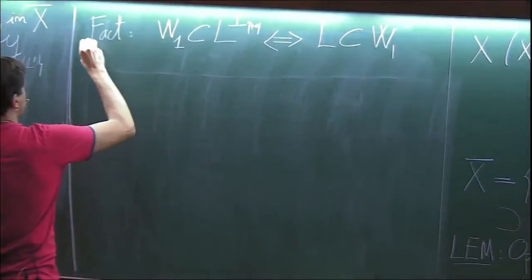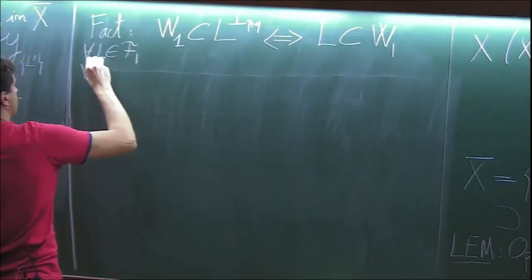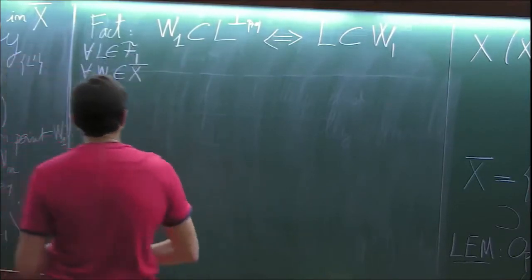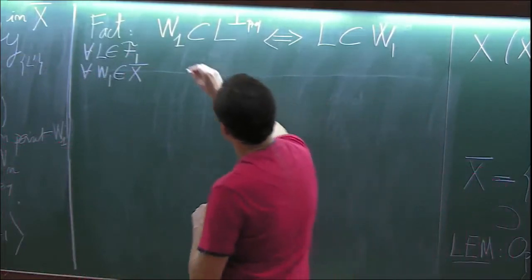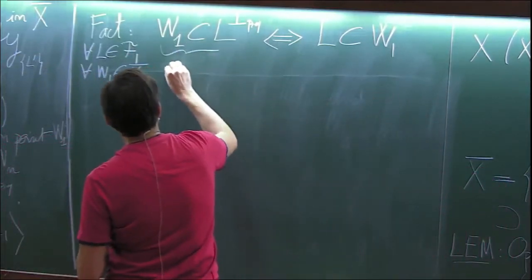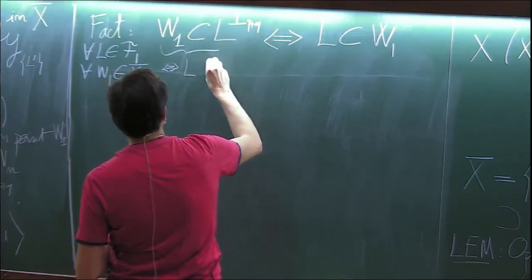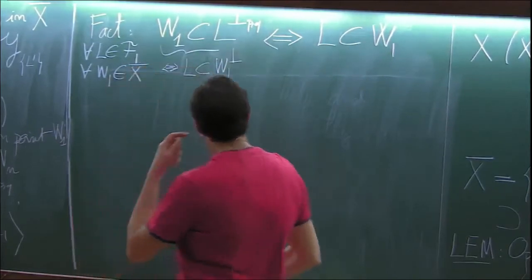This is, in fact, for every isotropic line L and for every W1. So this first property is the fact that L is contained in W1 orthogonal.